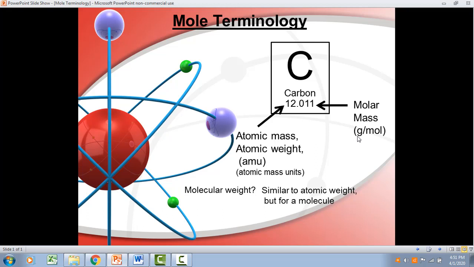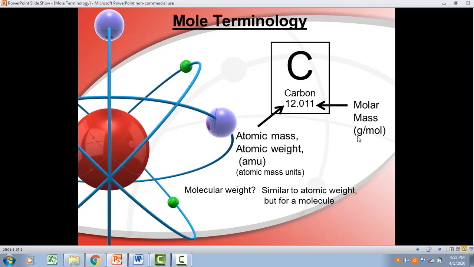Hydrogen is 1 atomic mass unit. So 16 atomic mass units for the oxygen, 1 atomic mass unit for each of the 2 hydrogens gives us a molecular weight of 18. So the molecular weight is the sum of the individual atomic weights in a compound. All right, so that's what molecular weight is.